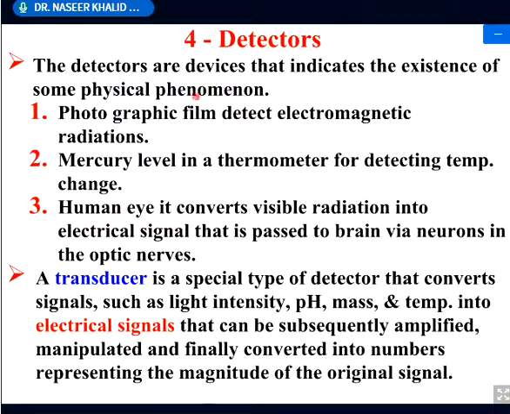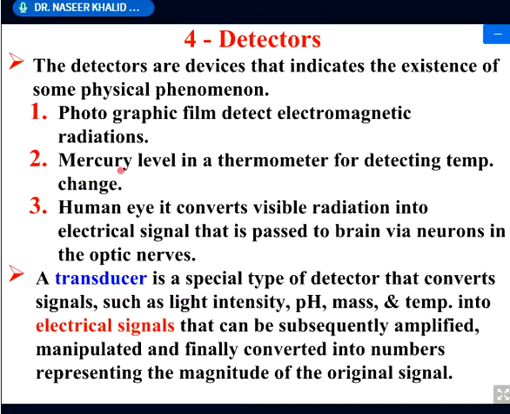For example, this detector could be photographic film that detects the electromagnetic radiation. When the electromagnetic radiation passes on to the photographic plate or film, it gives us the image.